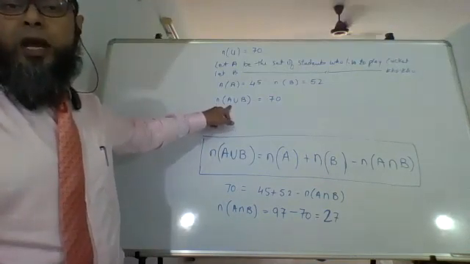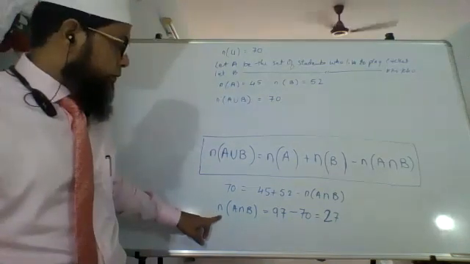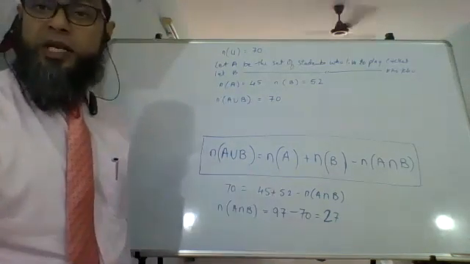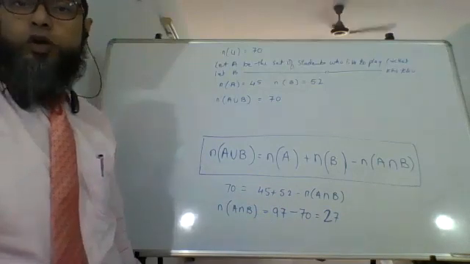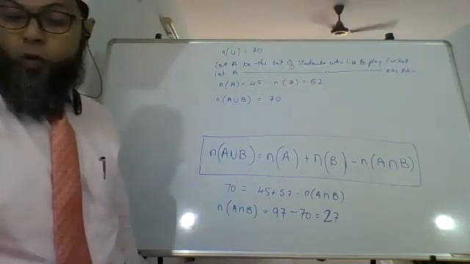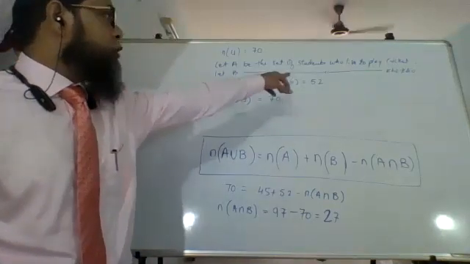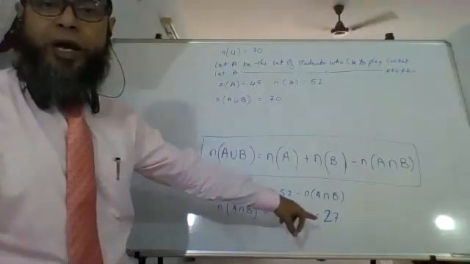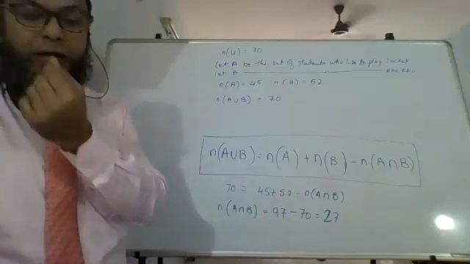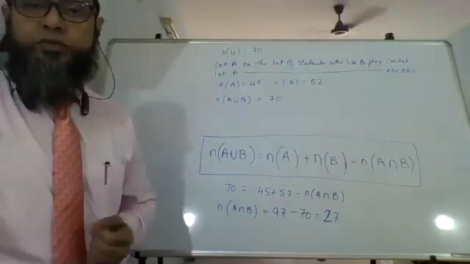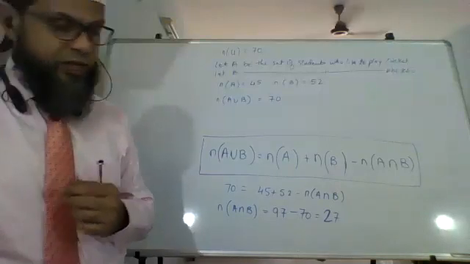But how many like to play cricket and kho-kho? 27. How many like to play only cricket? 45 minus 27. How many like to play only kho-kho? 52 minus 27. Are we clear?